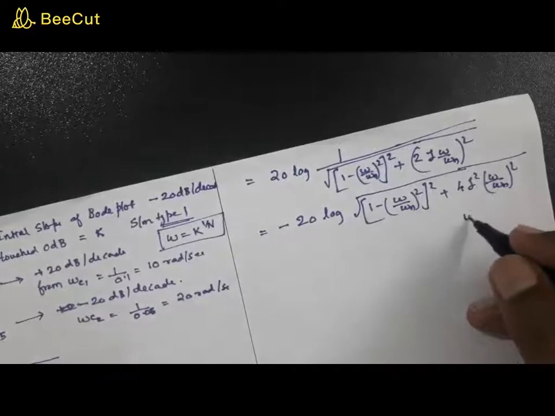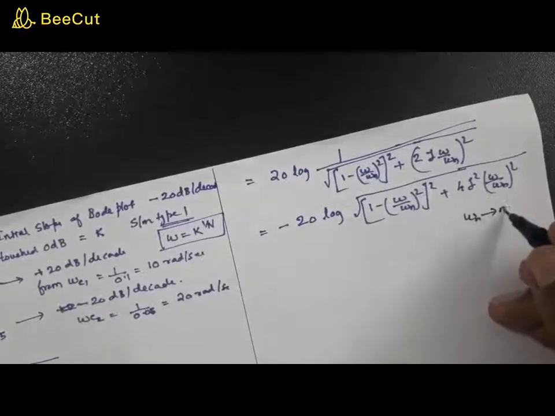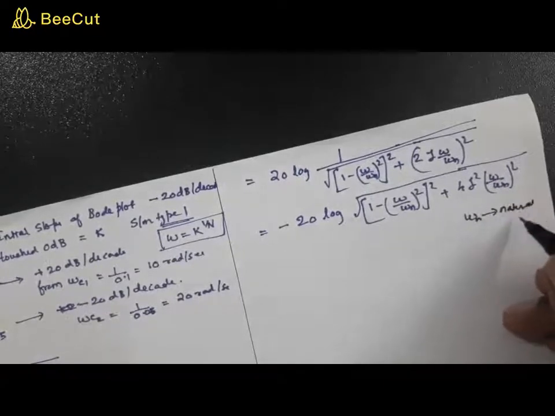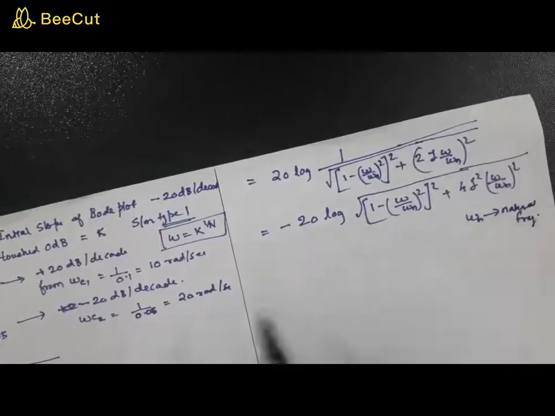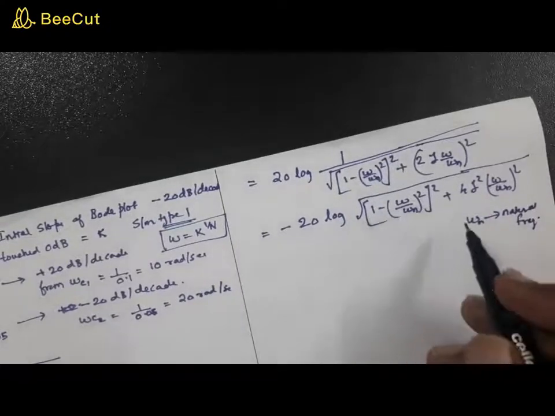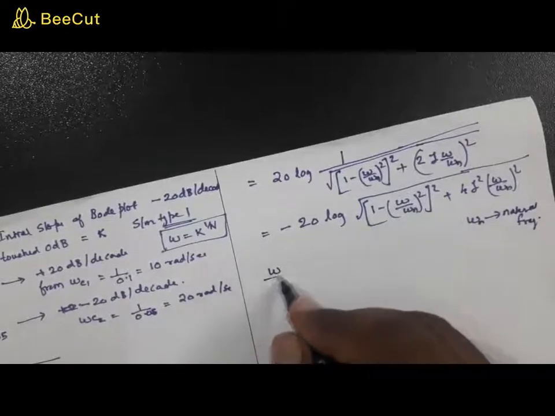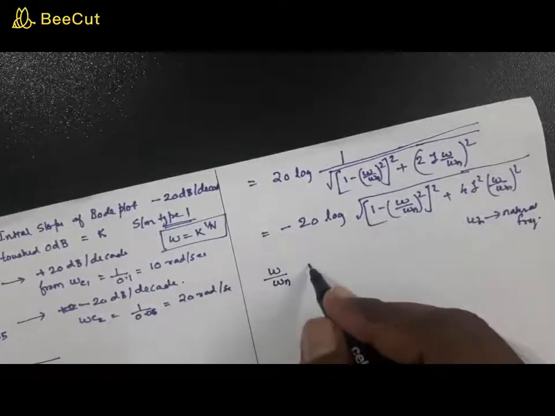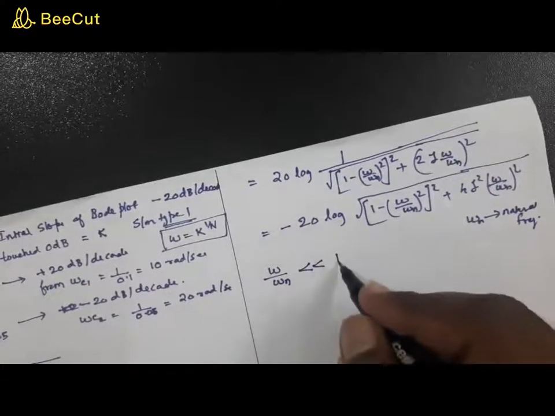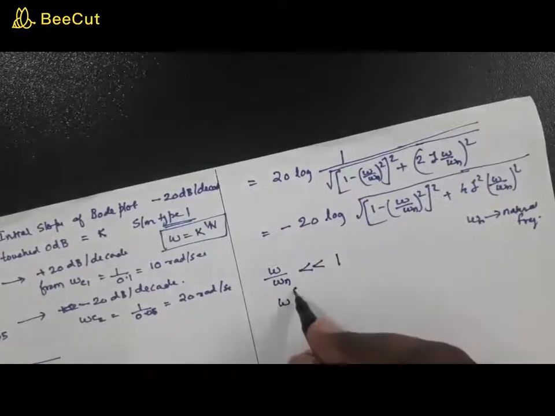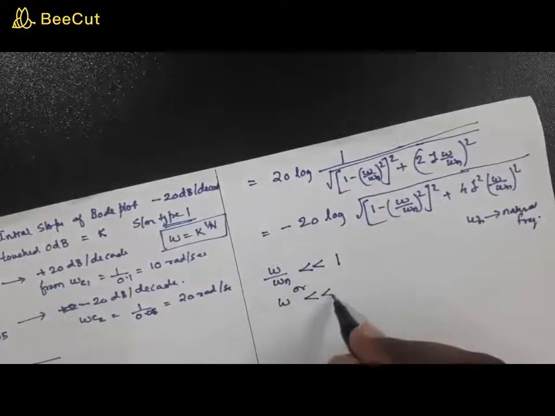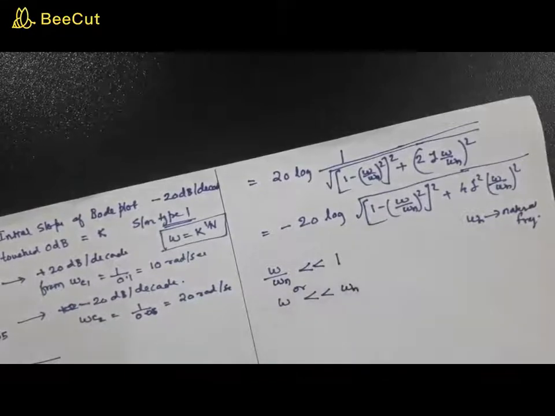What is this omega n? Omega n is the natural frequency of the system. So you can make a comparison with omega by omega n, or you can say that omega by omega n can be much less than 1, or omega is much less than omega n.